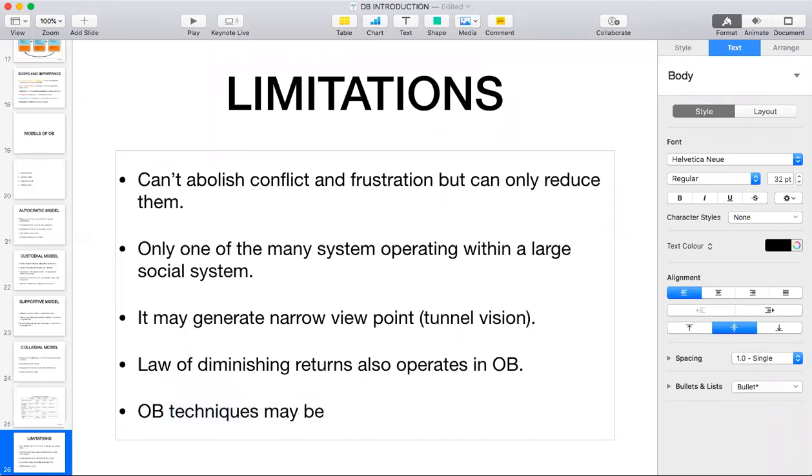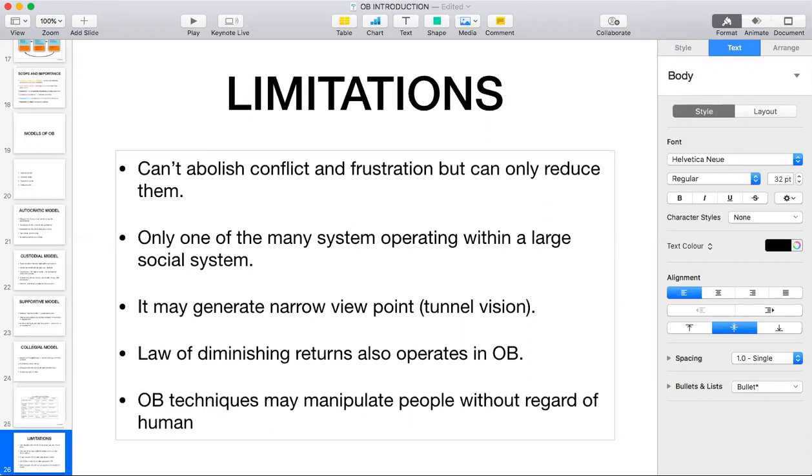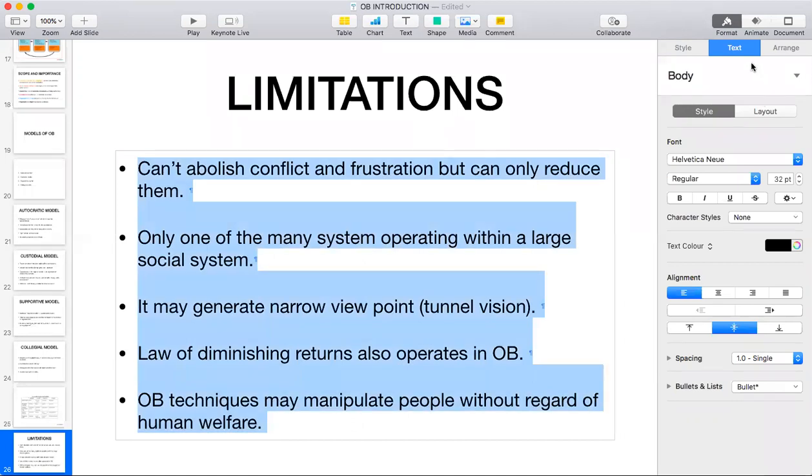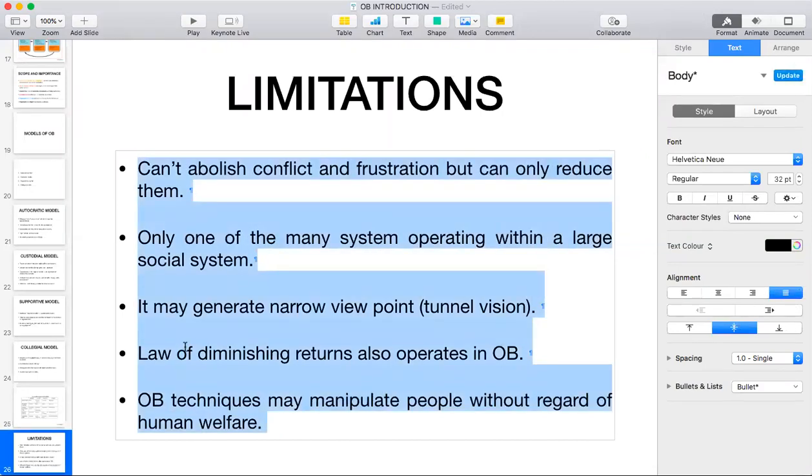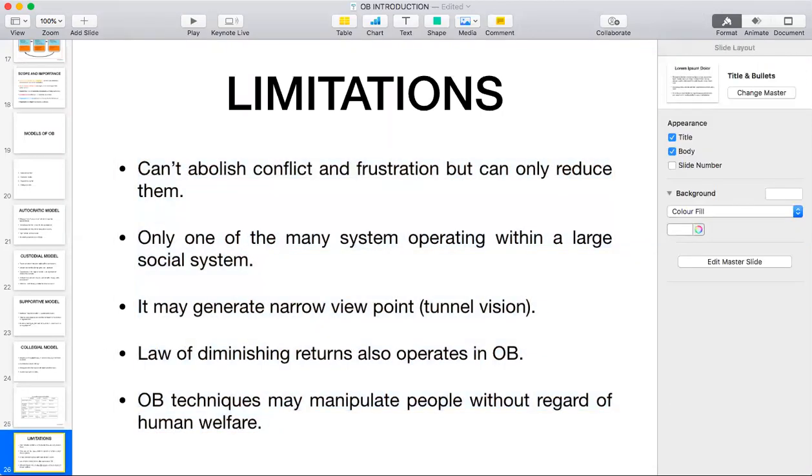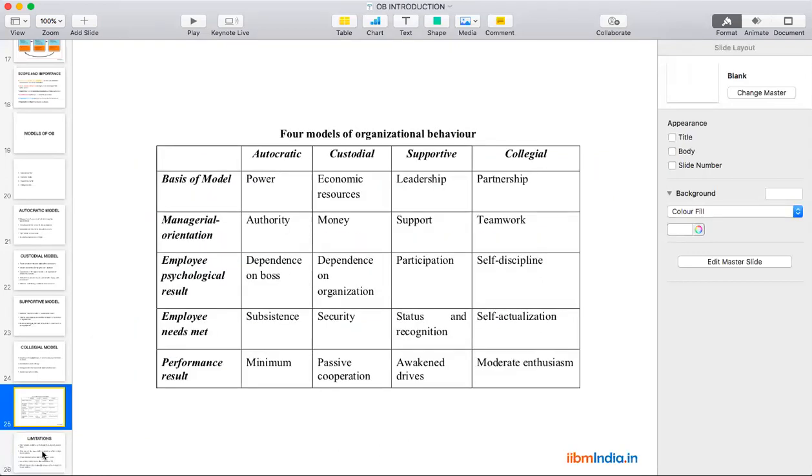Human welfare is one of the most important parts of any organization when it comes to the integrated, collegial, or constructive approach towards management of any organization. And that is all about the first half of your syllabus as well.